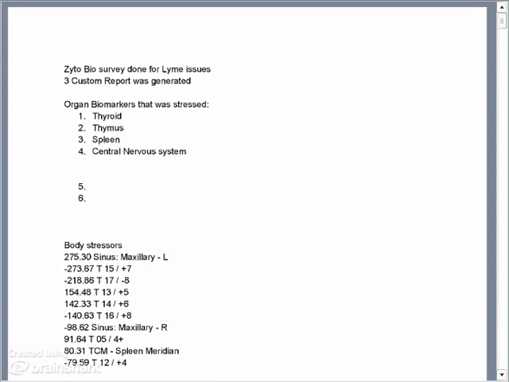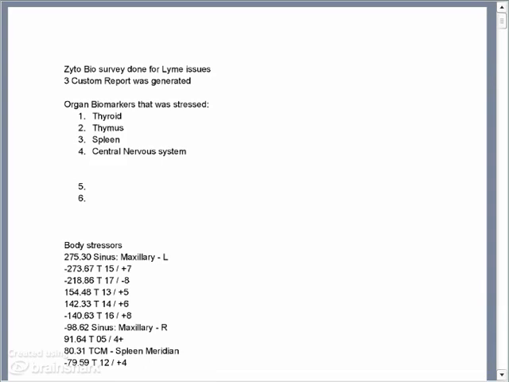The third one that was affected was T4, T13, 14, and 16. Let me see, T13 would be large intestine, lungs, and T14 would be spleen, stomach, thyroid, and T16 was small intestine, heart, pituitary. So you could see similar patterns.